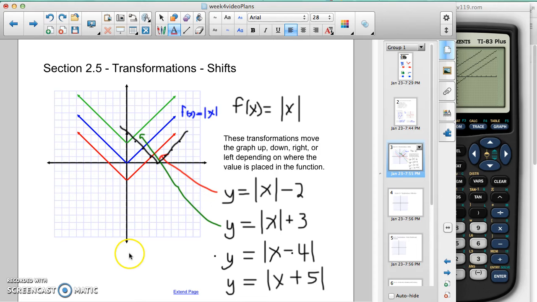So in this case, it's going to move right 4 units. Okay, so that's what this does.